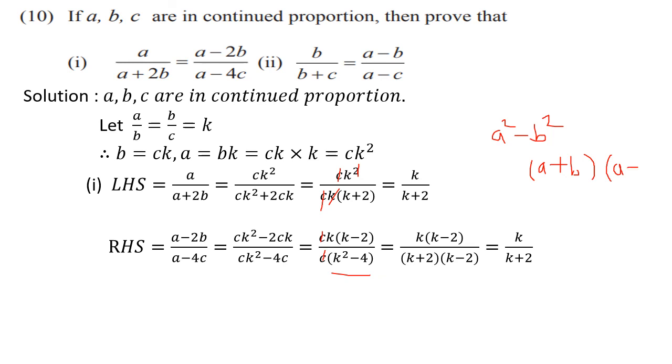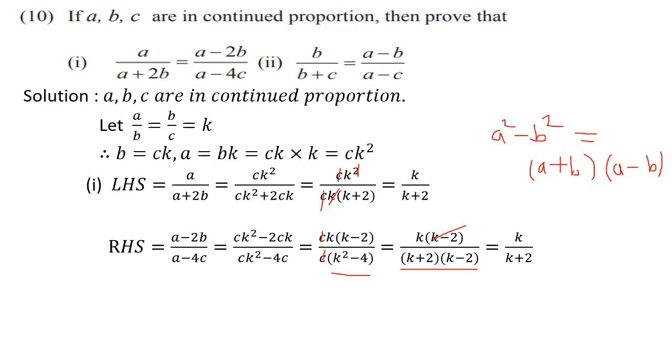See, this K square minus 4. 4 is a perfect square of 2. So in place of A we have K, and in place of B we have 2. That is why we have written it like this: K plus 2, K minus 2. So this K square minus 4 is split as K plus 2 and K minus 2.